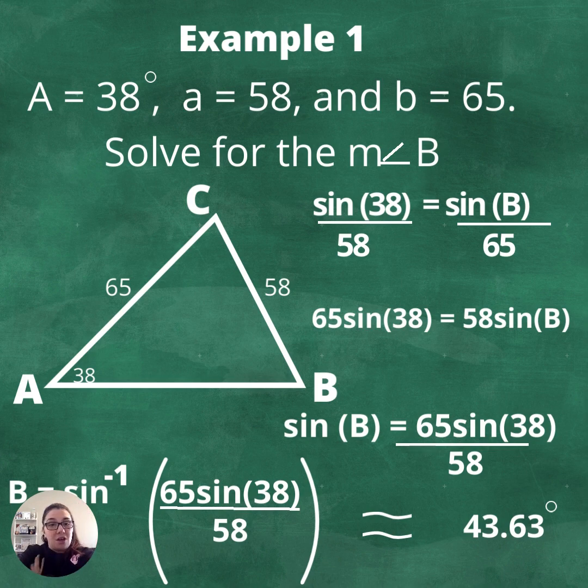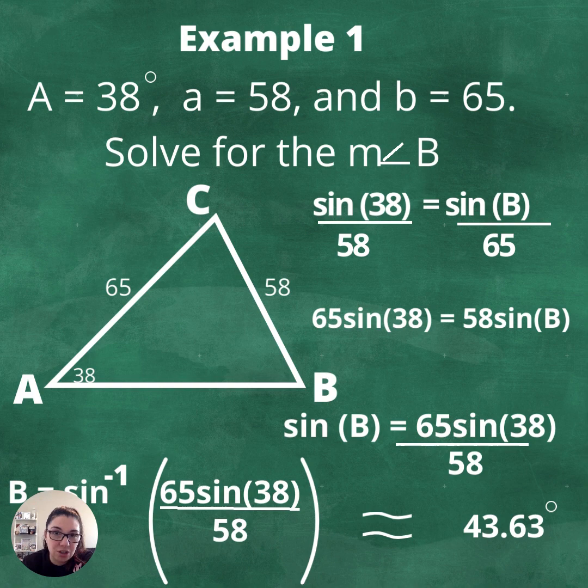Okay, so let's solve for the measure of angle B. So we're going to use all of the information to directly solve for that. So we set up the law of sines. Now, just an FYI, if you're using cross products here, 65 times the sine of 38 equals 58 times the sine of B. That's basically H on the left side.